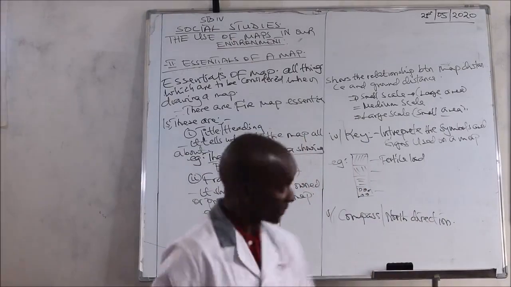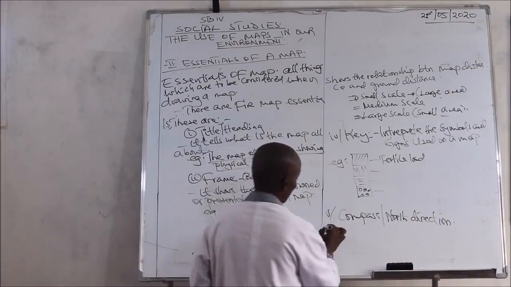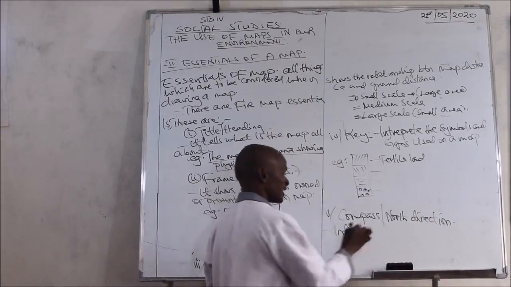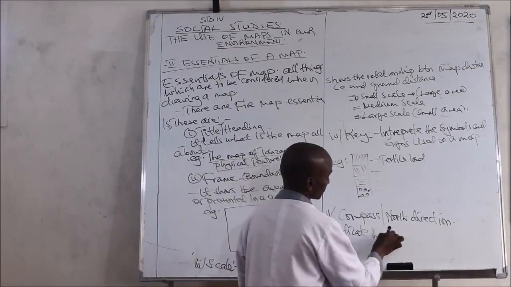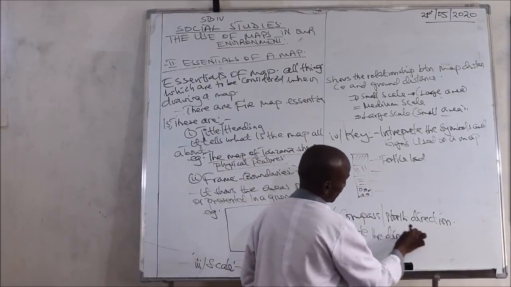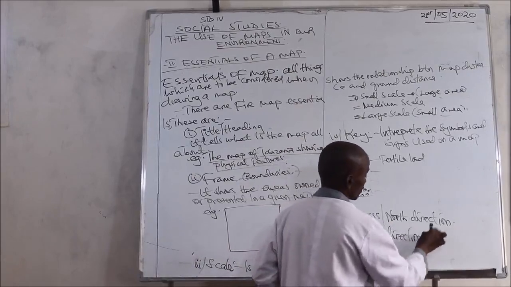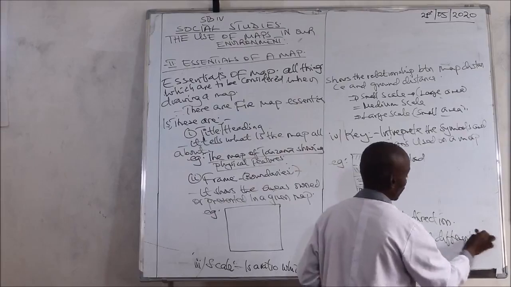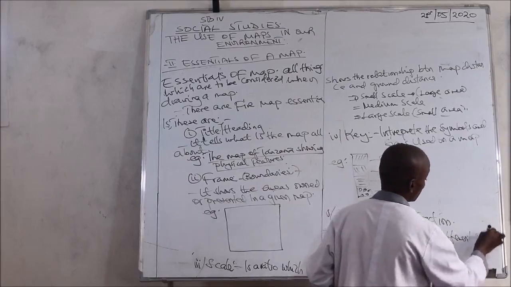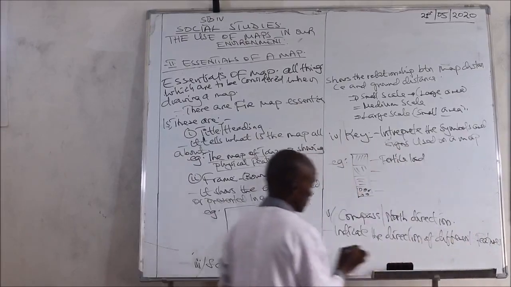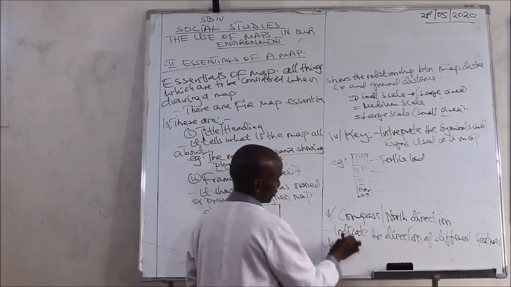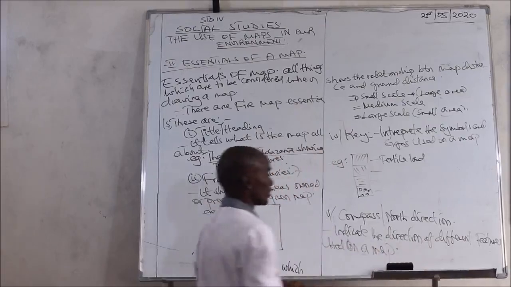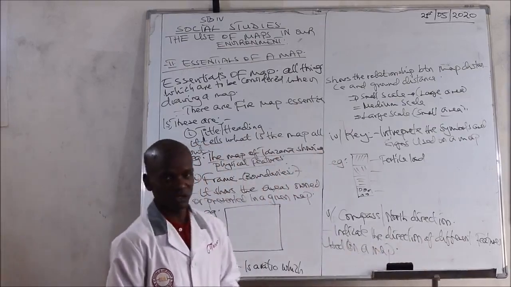The main use of the north direction is that it indicates the direction of different features, or different things used on a map. This one we call the compass or the north direction.